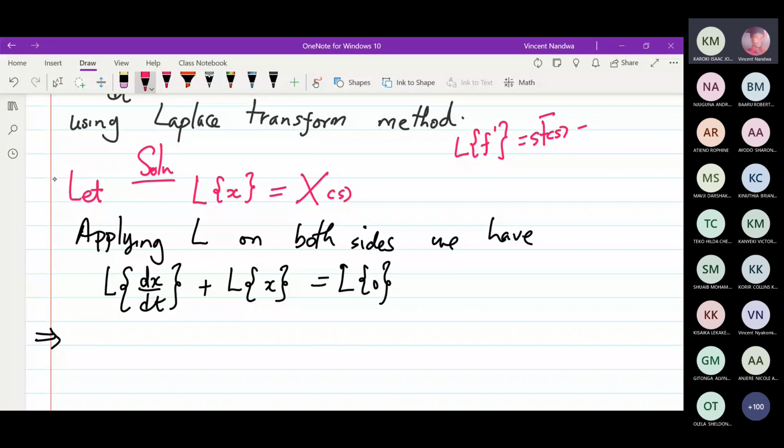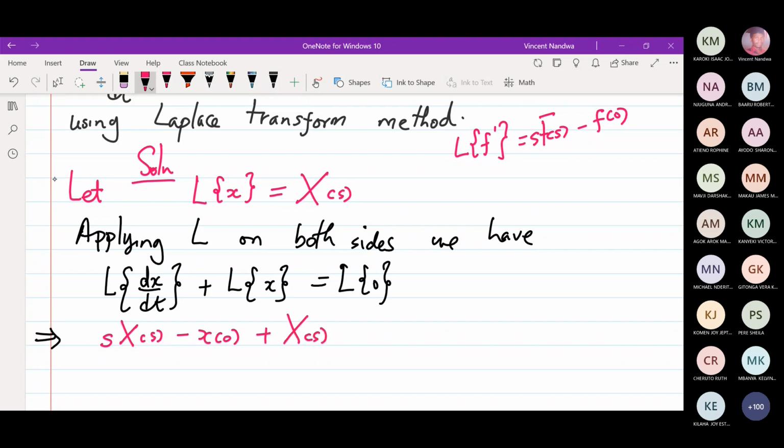Correct. So we borrow the same formula. So this will be given by s capital X of s minus small x at 0, and then plus, by definition, capital X of s, and the Laplace transform of 0.